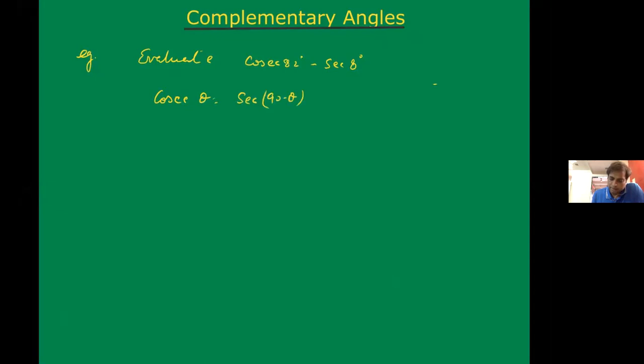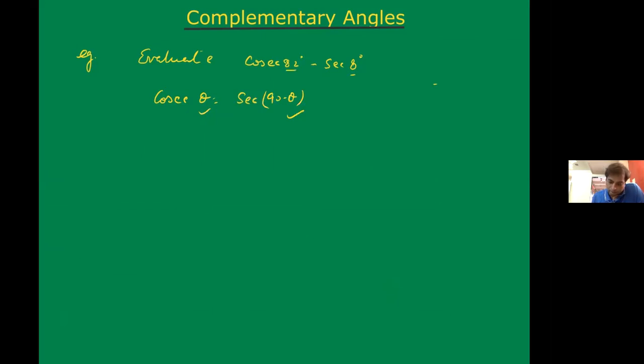If one angle is theta, the other angle is 90 minus theta. So if I take cosec theta on one side, the other will be sec(90 minus theta). If I see 82 and 8, they sum to 90 degree, so they look like complementary angles. One side is cosec and the other side is sec, so we can use our understanding here.